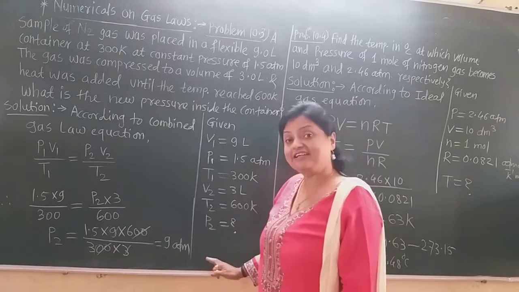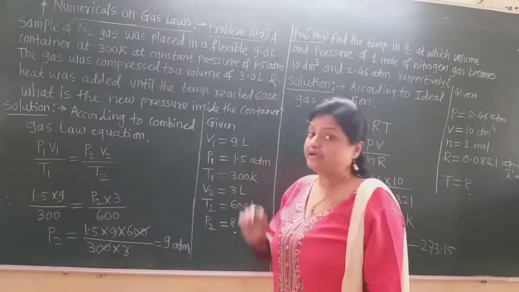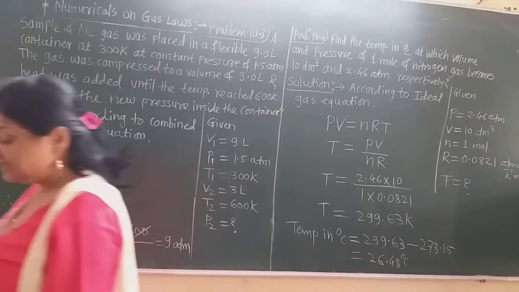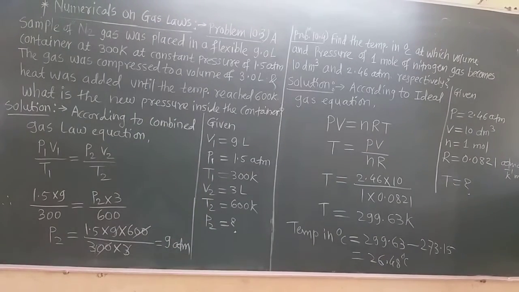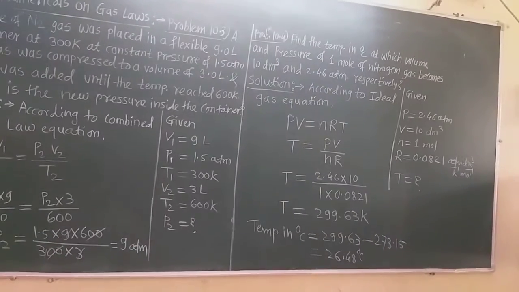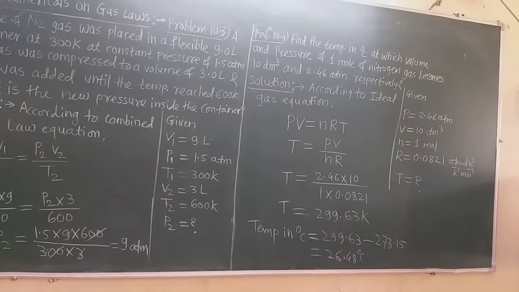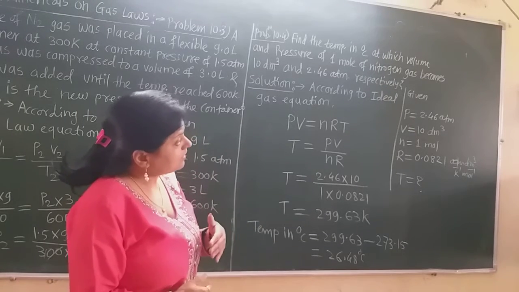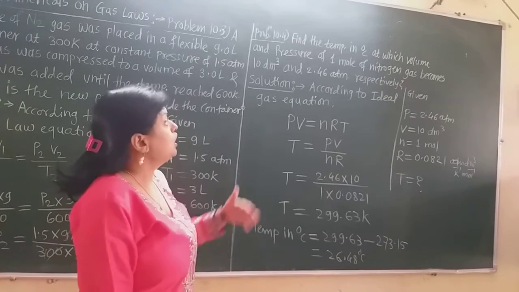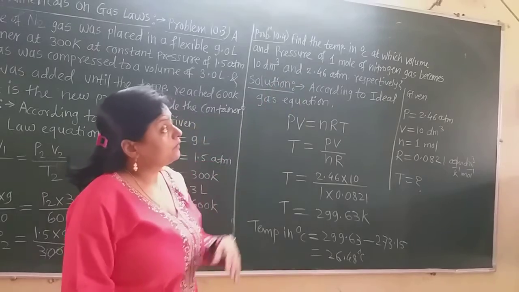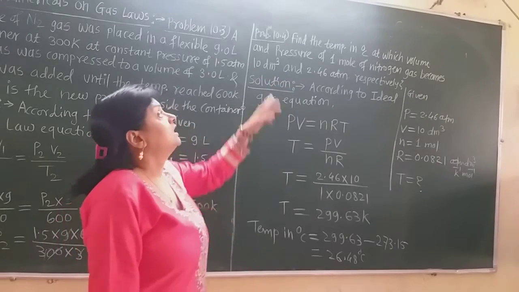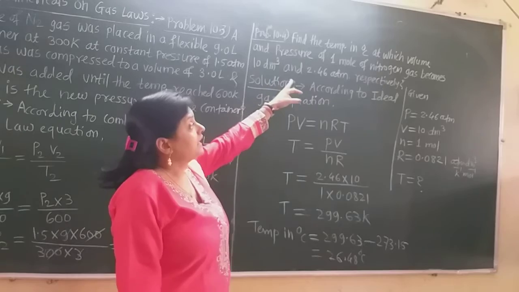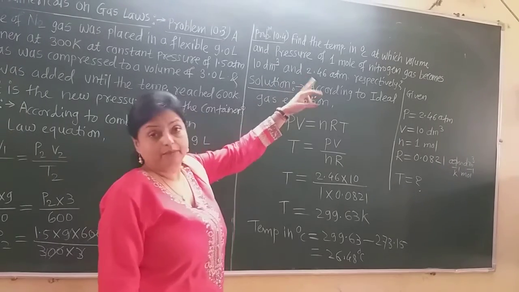In this way there are the numericals on the combined gas equation. Now let us see the next numerical, 10.4. What is given in this problem? Find the temperature in degree centigrade at which the volume and pressure of 1 mole of nitrogen gas become 10 decimeter cube and 2.46 atm respectively.